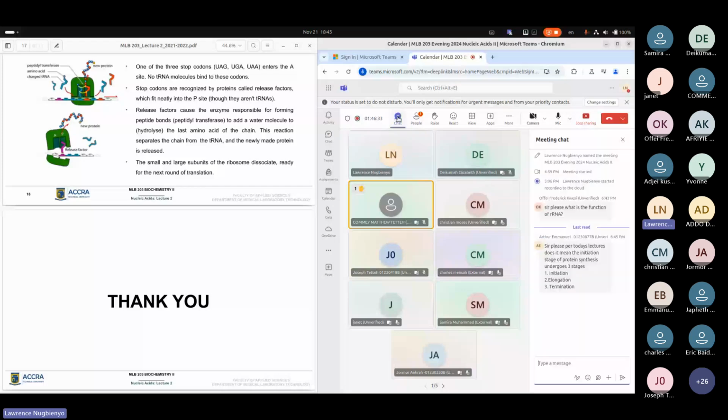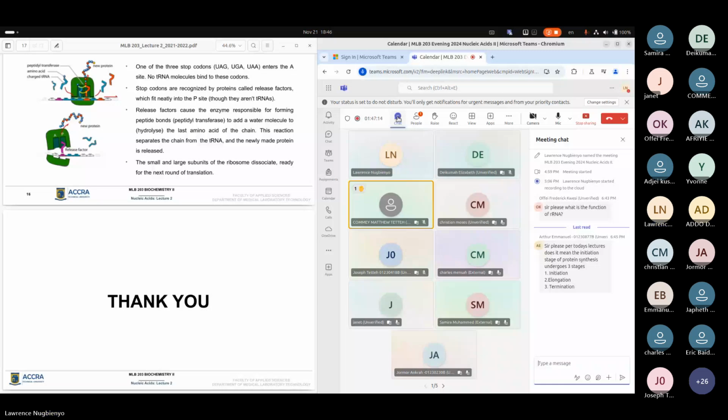Somebody says, per today's lecture, does it mean the initiation stage of protein synthesis undergoes 3 stages? No. I think you want to say the process of protein synthesis undergoes 3 stages: initiation, elongation, and termination.